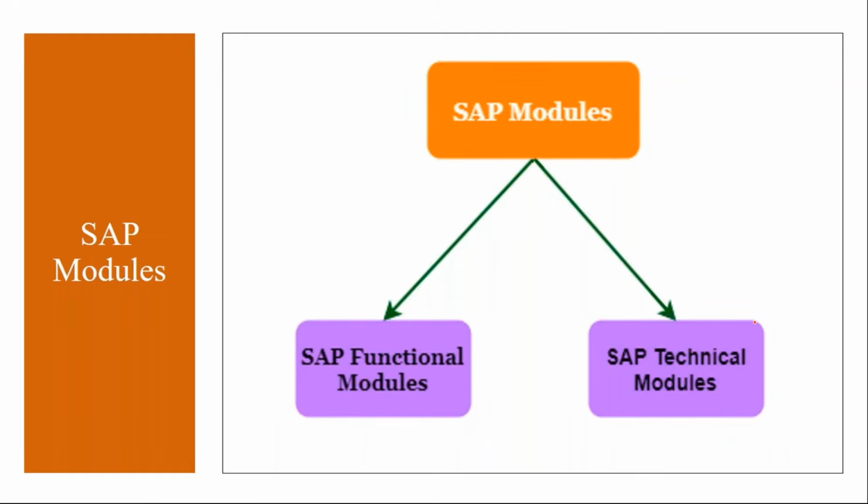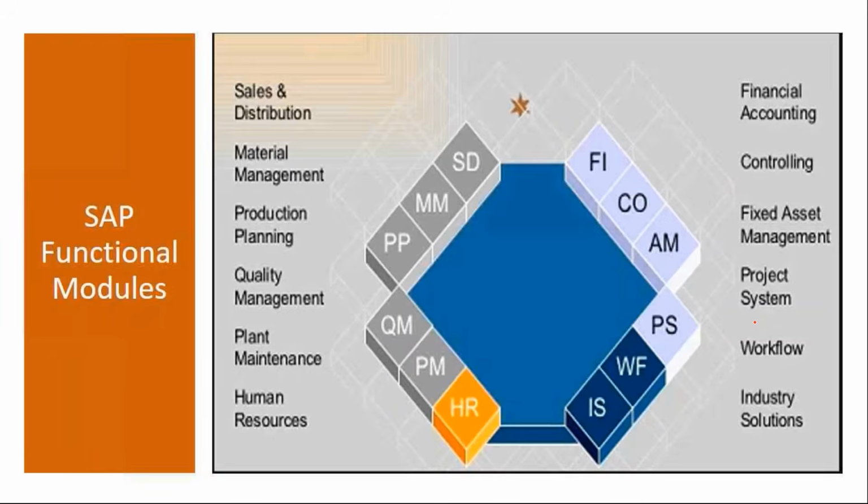So now we will talk about functional modules. Normally for each business process there will be a functional module. For sales, it is sales and distribution. For purchasing and inventory management, it is materials management. For planning and production, the module is production planning, the PP module. For quality related functions, the module is quality management.